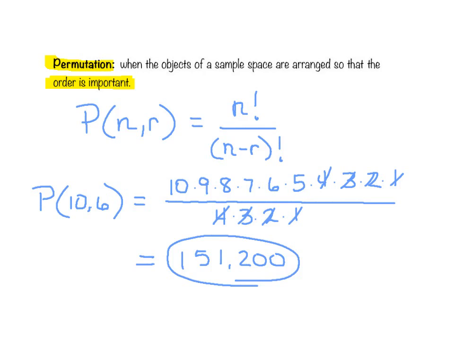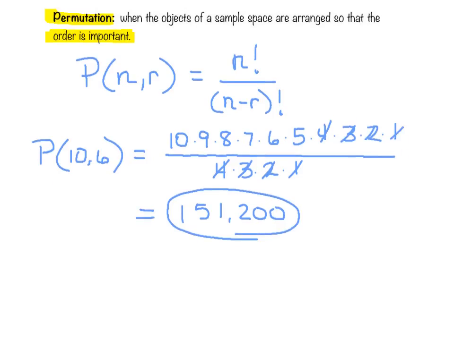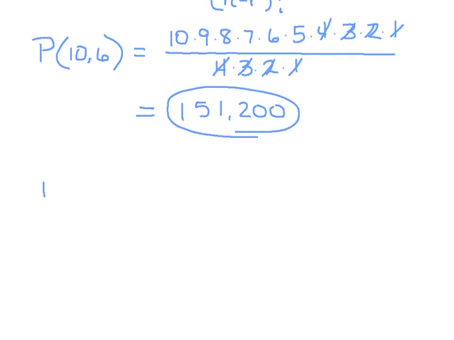Okay, let's try another example of a permutation. Permutation of 7 items taken 2 at a time. So, again, following the formula, I need to do n factorial.